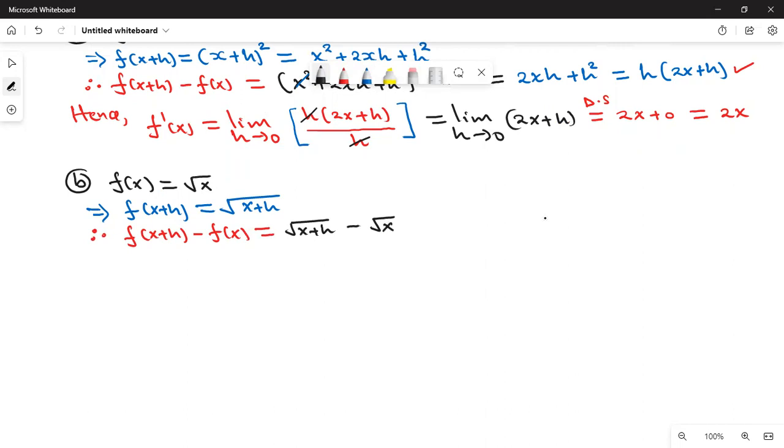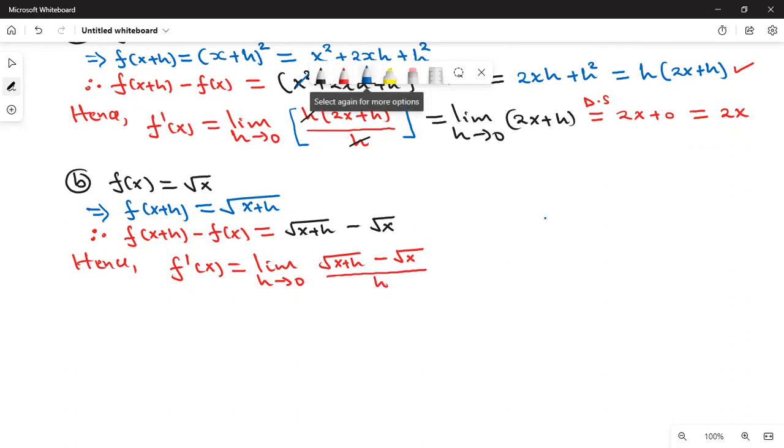So now let's go back to our first principle. So we can now say that, hence, now our f prime of x, when we use the formula first principle, that will give us the limit as h approaches 0 of our numerator, the square root of x plus h minus the square root of x, and denominator we have h.